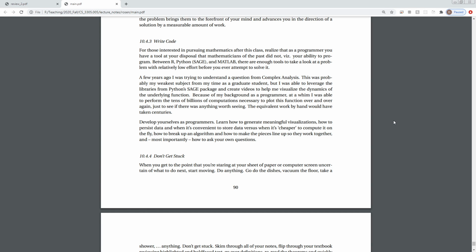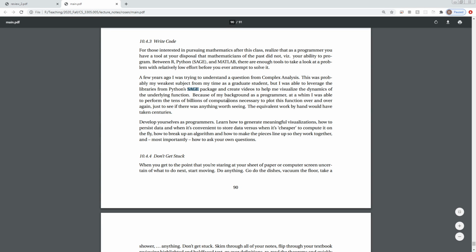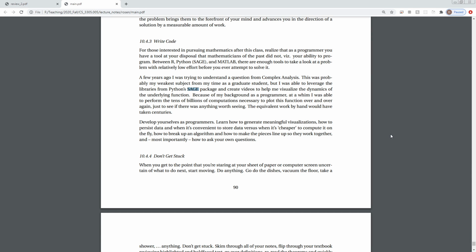So I took what I knew. I found this Python package called Sage, and it had defined the function that I was looking at. Then I just plotted it over and over again, and the method of getting a numerical result involved perhaps 100 or so computations for each one, or maybe just a few dozen.